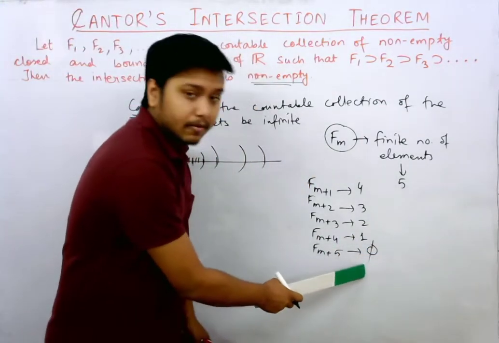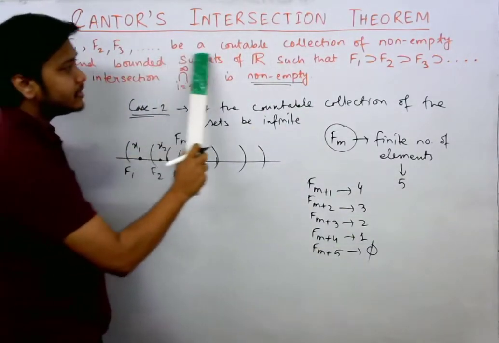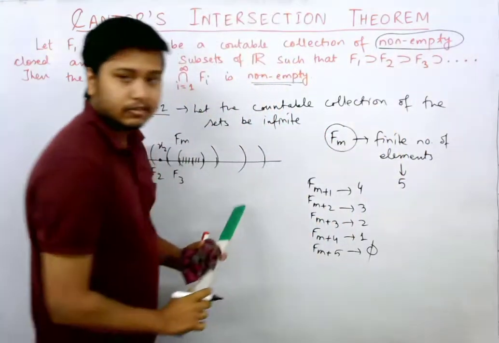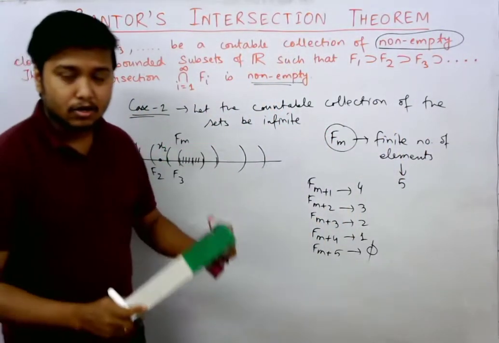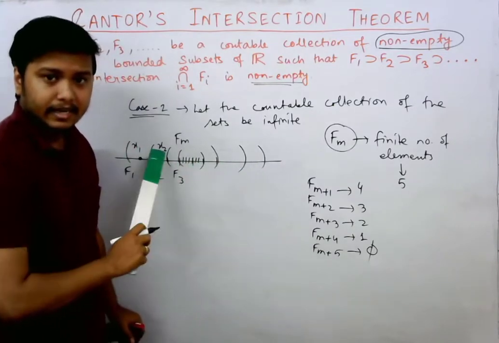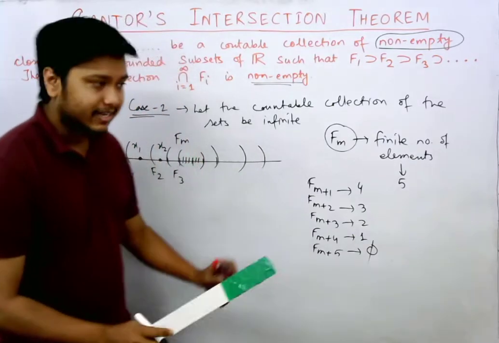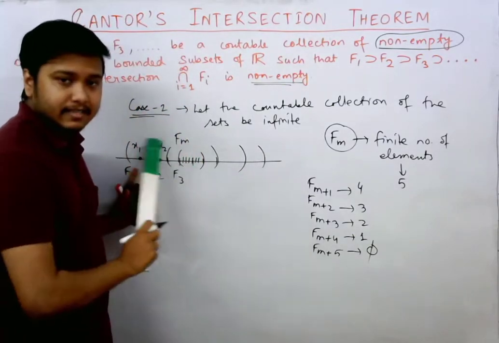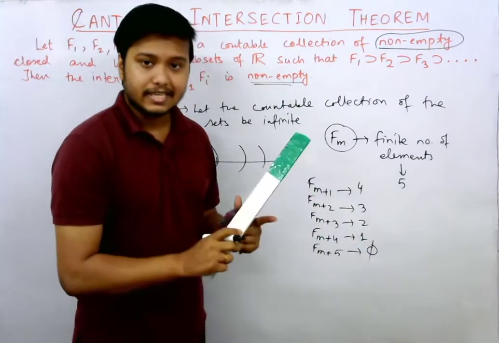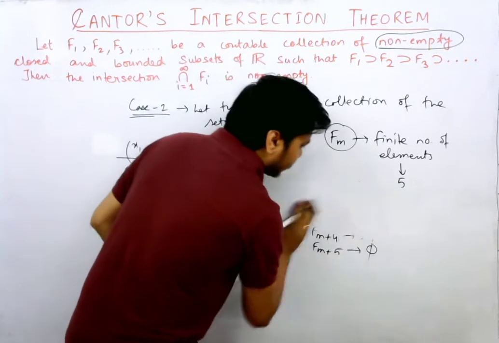But if it becomes empty, it's going to contradict the fact that all these sets are non-empty. So this cannot happen, that any set in this infinite collection becomes finite. That is not possible. So that means all the sets in this infinite collection contain an infinite number of elements inside them.